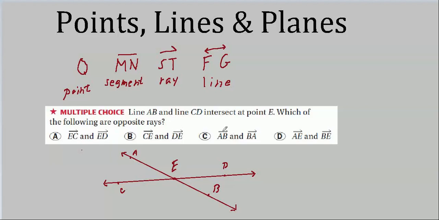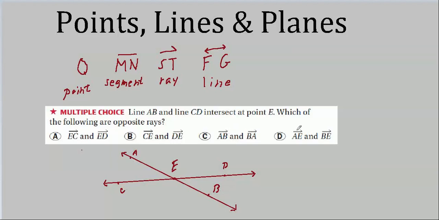How about AB and BA? Well, the ray AB would be the ray that goes from here. It starts here and takes off this way. The ray BA starts here and takes off this way. Remember, for rays, these letters are not interchangeable. For a line, yes, and for a segment, yes, you can interchange them. For a ray, no, it makes a difference which letter comes first.